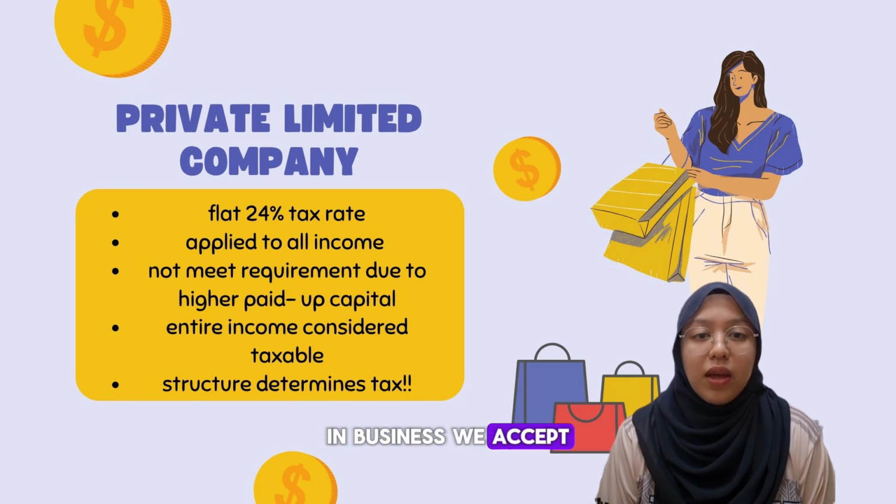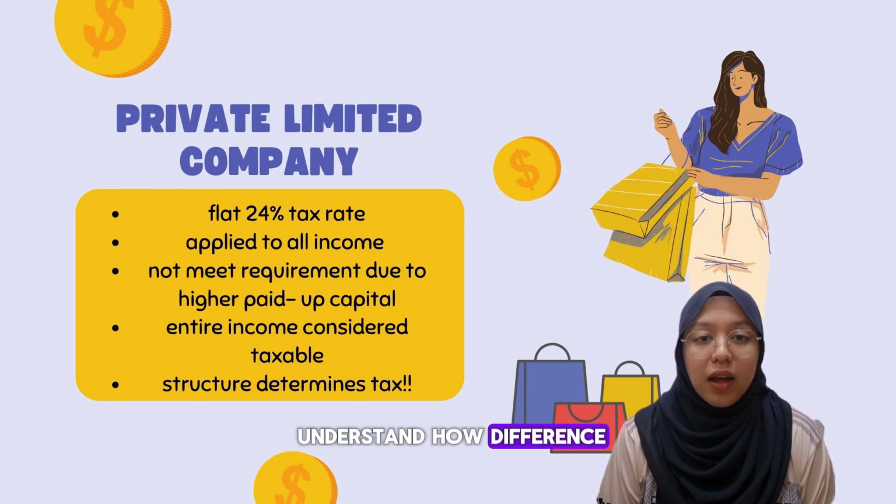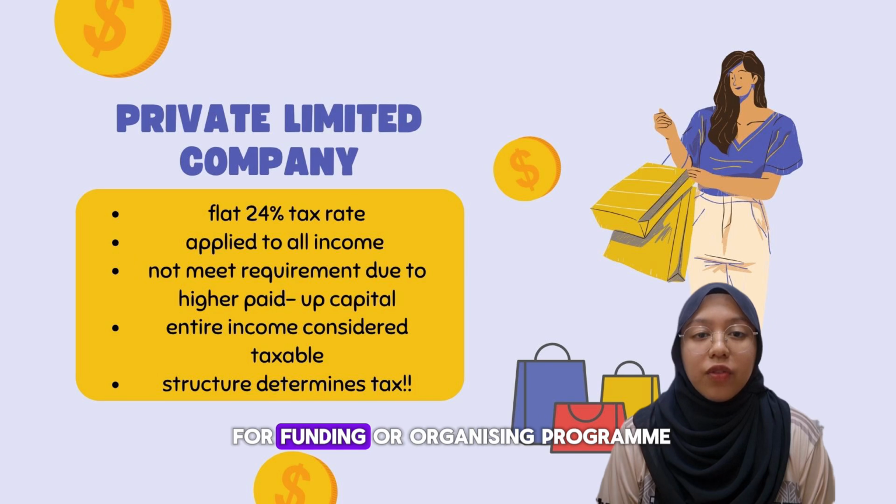In business, we accept that structure determines tax, but it is important for company owners to understand how different entities are treated, especially when exploring options for funding or organizing programs.